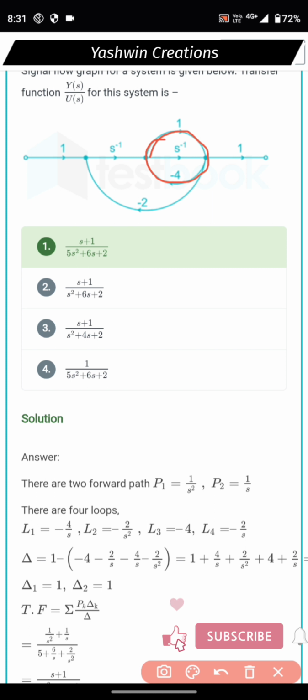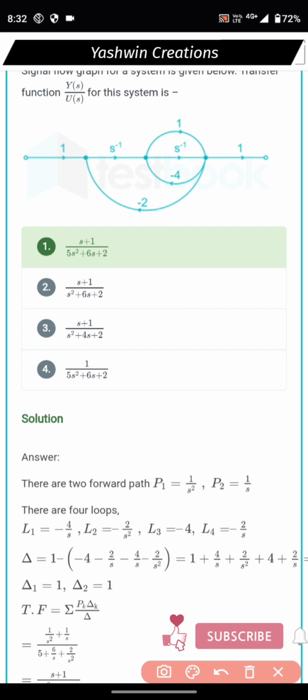And L4 is minus 2 divided by s. This is L4, so minus 2 divided by s.